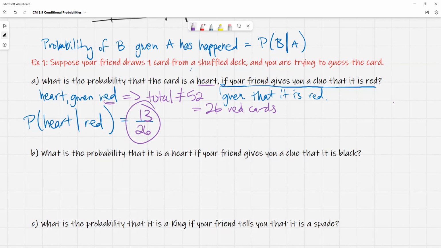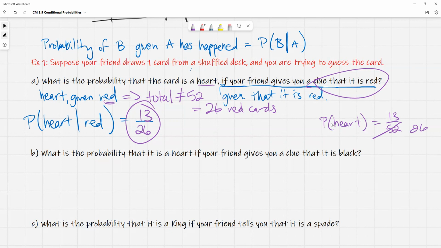And look at that and compare it to what the probability of just a heart is, right? That would just be 13 out of 52. But now that we're given this information right here, that narrows down our choices. We don't have to worry about 26 of those choices, okay? So our new probability is 13 out of 26, okay? And so these two concepts would be dependent on each other, right?